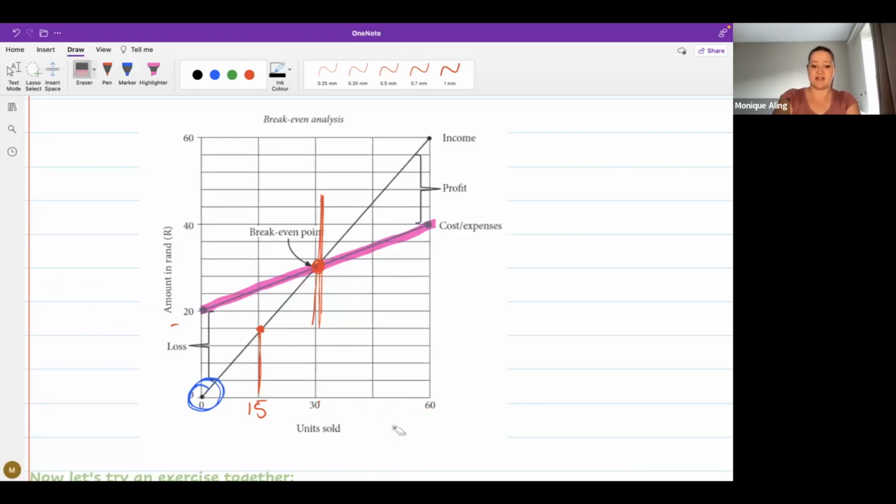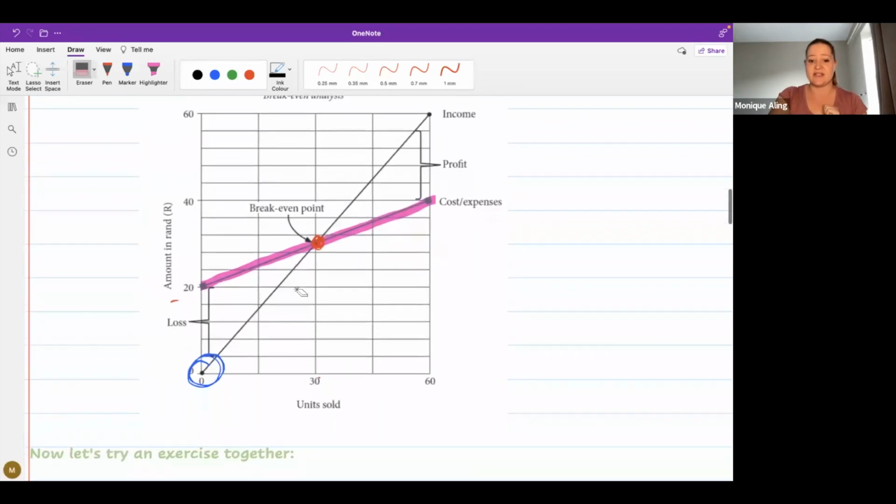Let me just erase the stuff for you. But the most important thing to take away from a break-even graph is that there's 2 lines, one's for your income, one's for your expenses, and they always are going to intersect. They have to intersect, and that will be the break-even point.